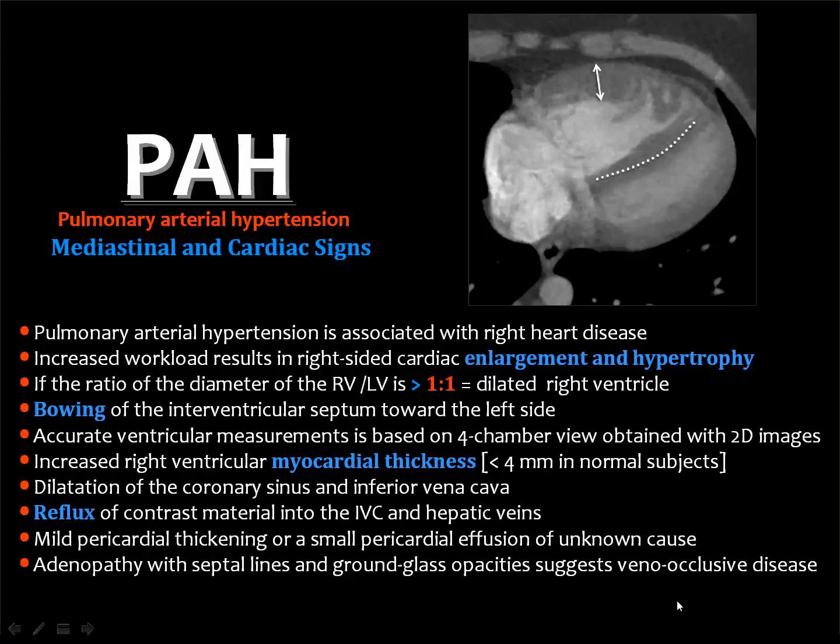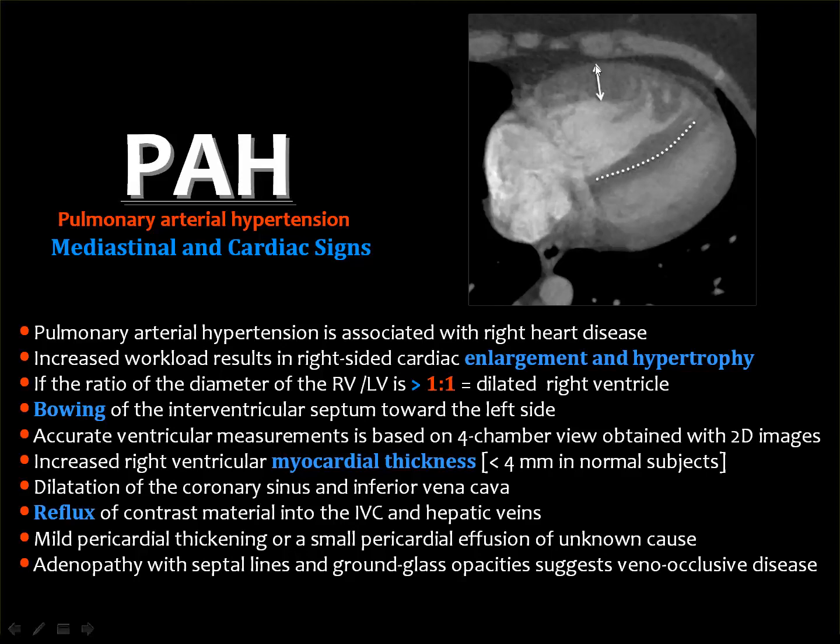Also, there are cardiac and mediastinal signs for pulmonary arterial hypertension, and these include: number one, enlargement and dilatation of the right-sided heart chambers, the right ventricle and the right atrium. Number two, bowing of the interventricular septum towards the left ventricle.